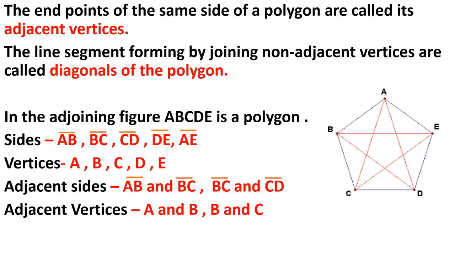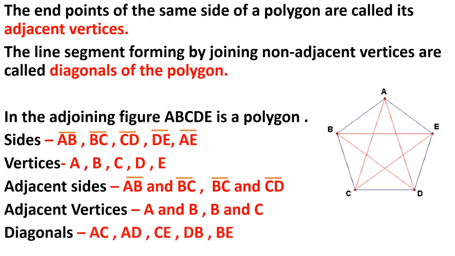I have told you in adjacent sides, two sides of a polygon with a common end point are called its adjacent sides. So these are the two sides AB and BC, and the common end point in these two is B. So AB and BC are the adjacent sides.